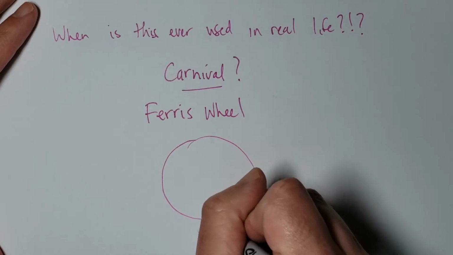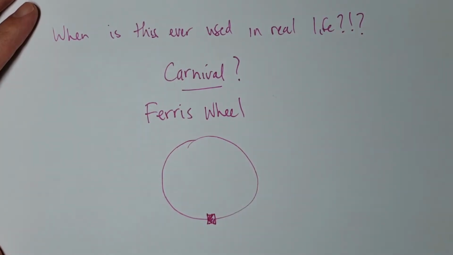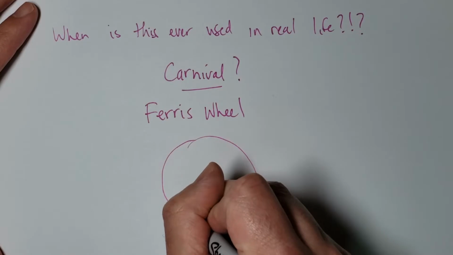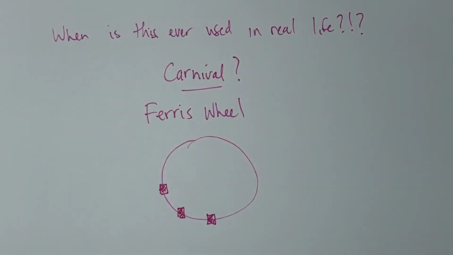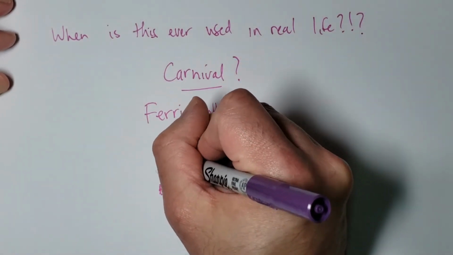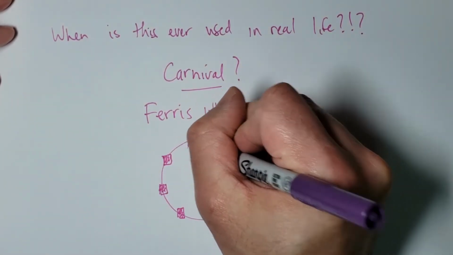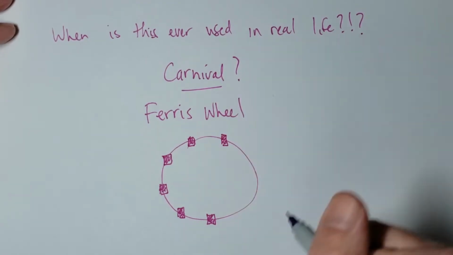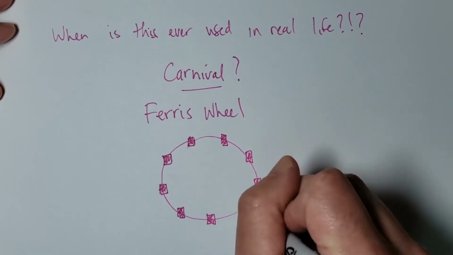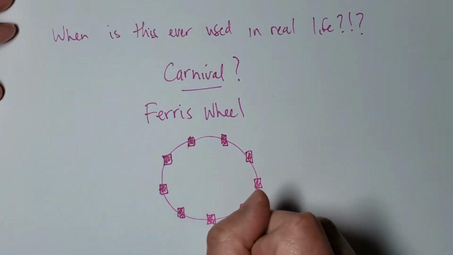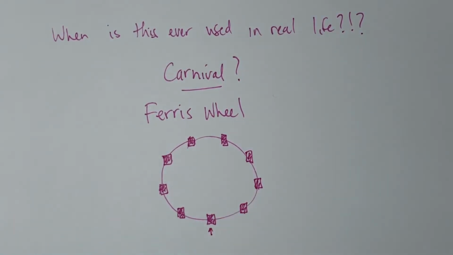You get on at the bottom, and then they move you over, and then somebody else gets on, and then you move again, somebody else gets on, move, load, move, load, get to see the top, they load again, and then when you get back down to the bottom, you have to get off. That is not how a Ferris wheel works. If that's how a Ferris wheel worked, it would be the most boring ride in the world.